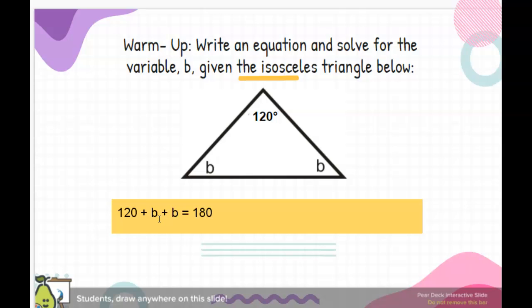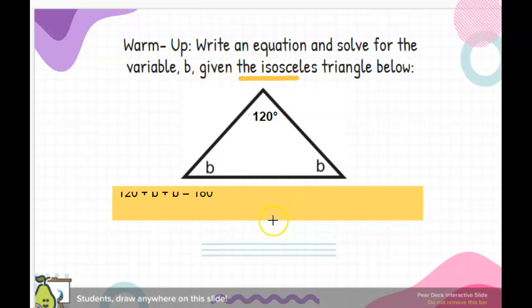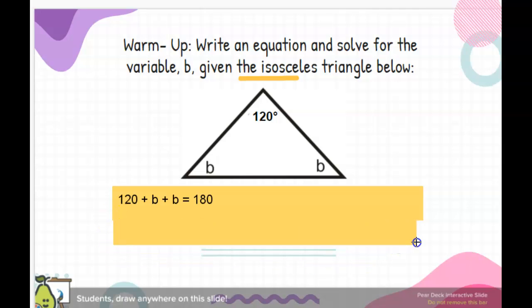And remember, all angles of a triangle add up to 180. Now, the weird part sometimes is that we don't see it that way. So sometimes they'll actually have 120 plus 2b equals 180 because there's two of them.